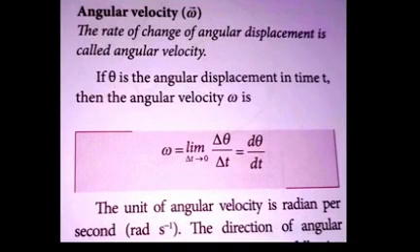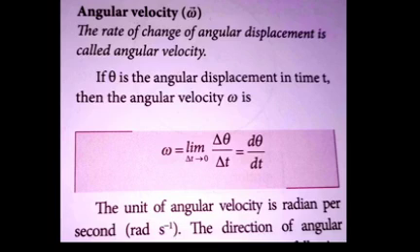Students, next we are going to see angular velocity. Since we know linear velocity is represented as V, the angular velocity is represented by the symbol omega. The same definition which we studied for linear velocity applies here: the rate of change of angular displacement is known as angular velocity.